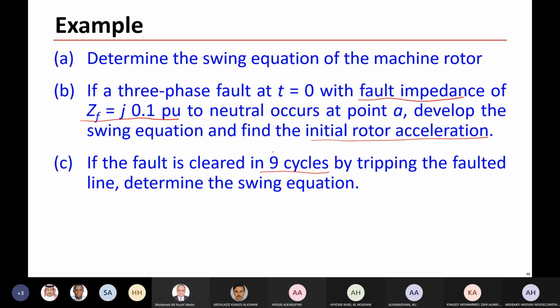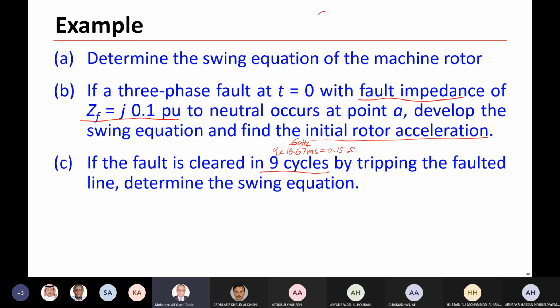Hussein? 9 multiplied by 16.67 milliseconds, so 0.15 second. Okay. We based this calculation on 60 hertz.